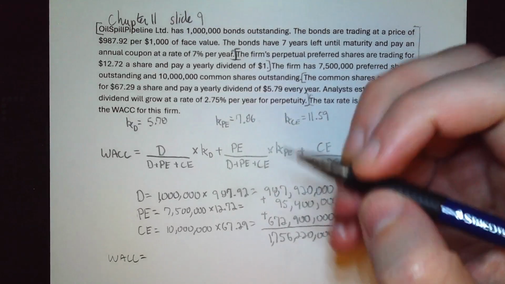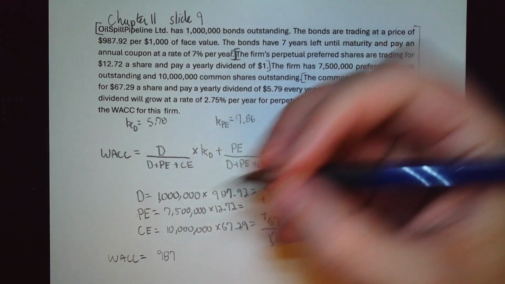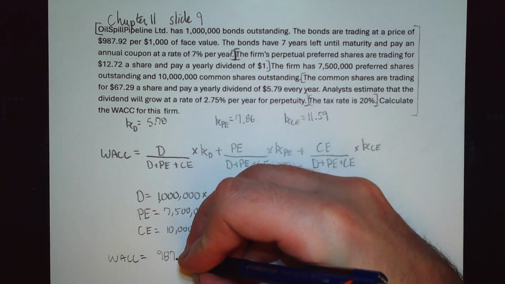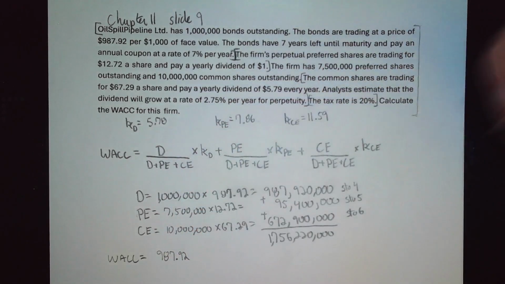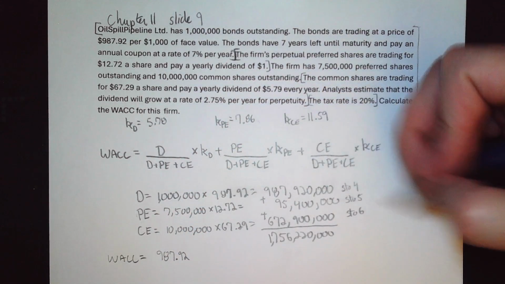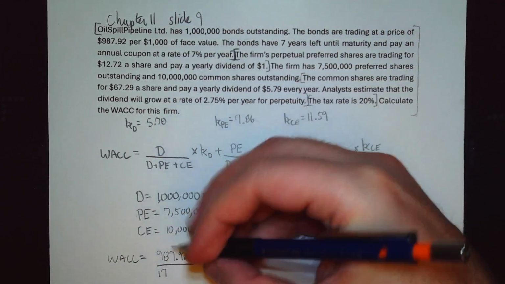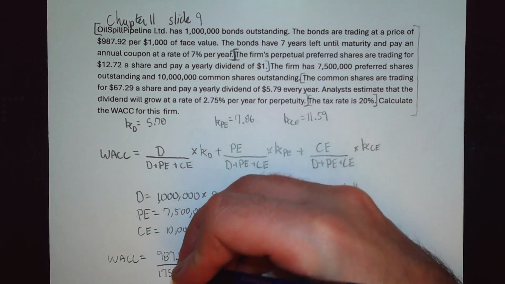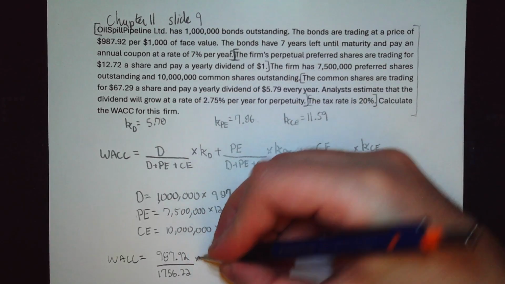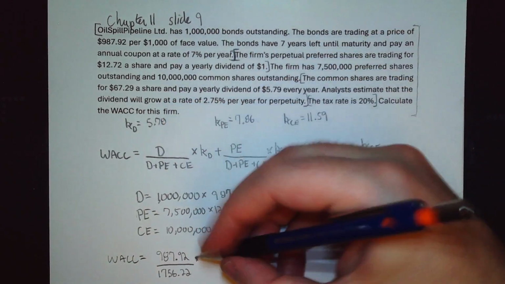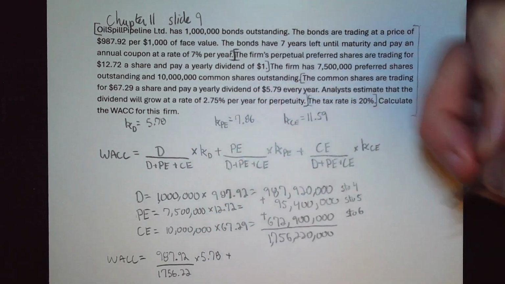Okay, so in order to calculate the WACC, I'm going to take the market value of my debt, and I'll just write it at 987.92 here just because I don't want to have to write all of these zeros. I divide it by the market value of the firm times the rate of return on debt that investors want to get, right?